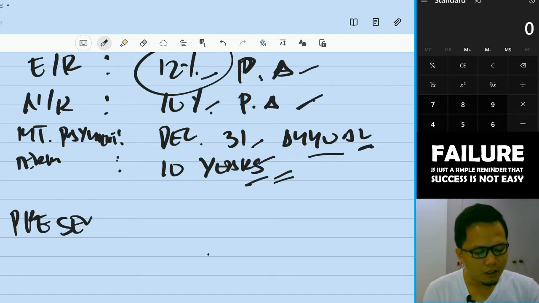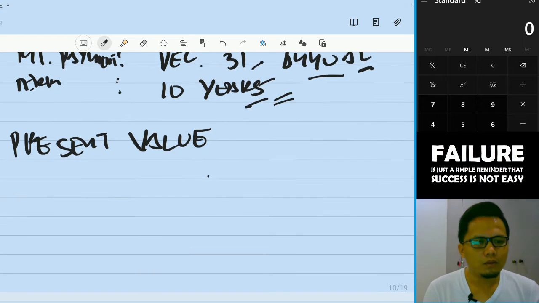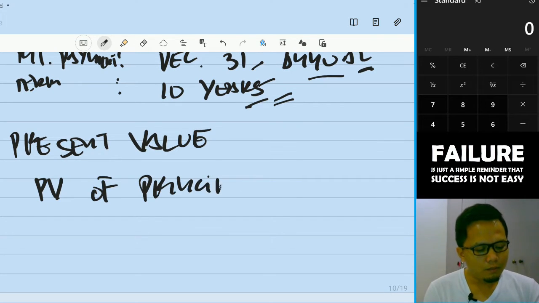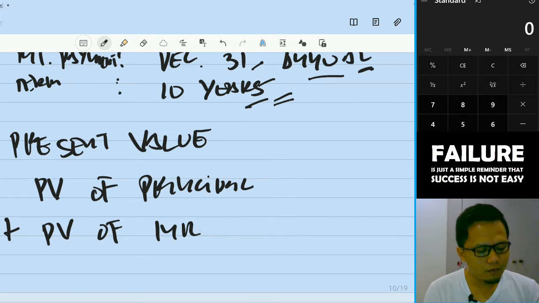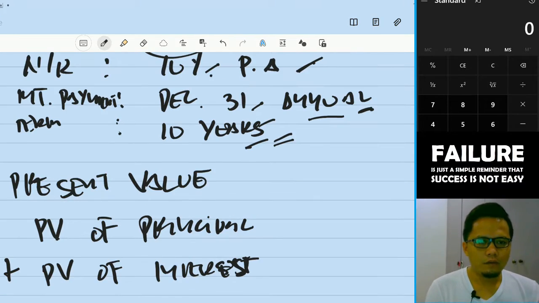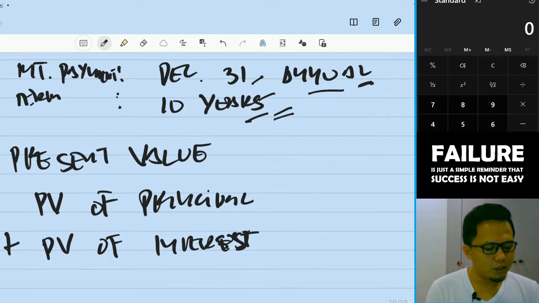Sige. The first thing that we need to do is to compute the present value, which is the present value of principal plus the present value of interest, di ba? Basic concept. We have already learned this from our previous discussion.